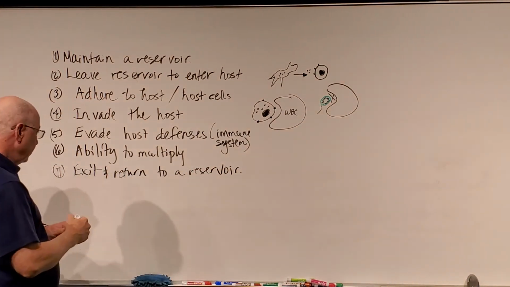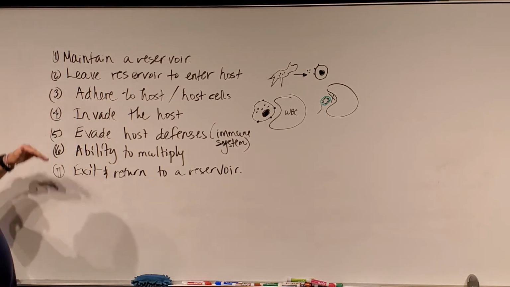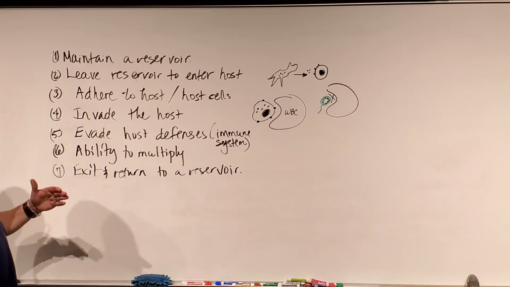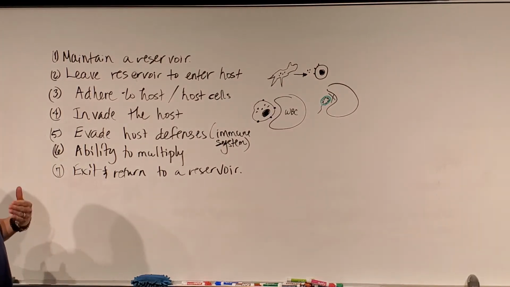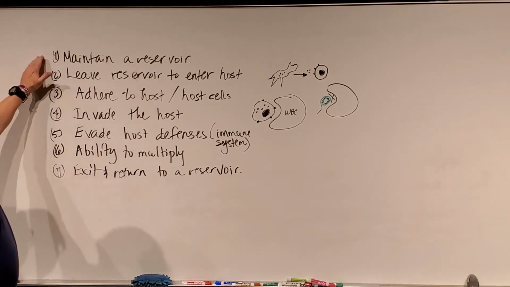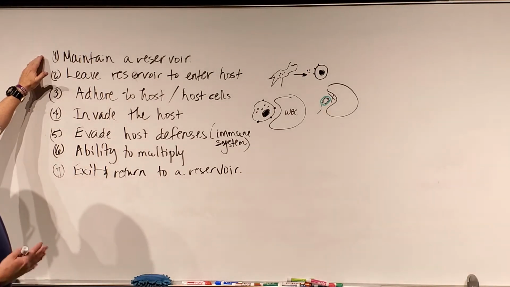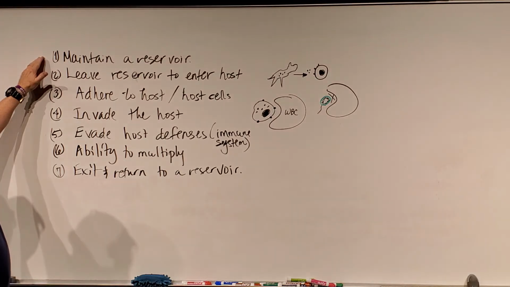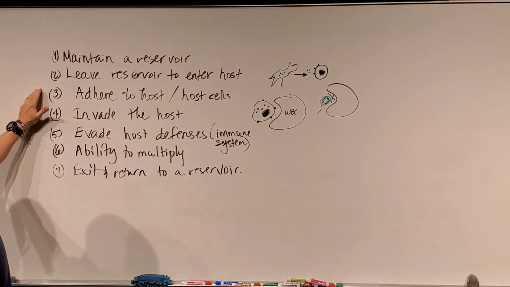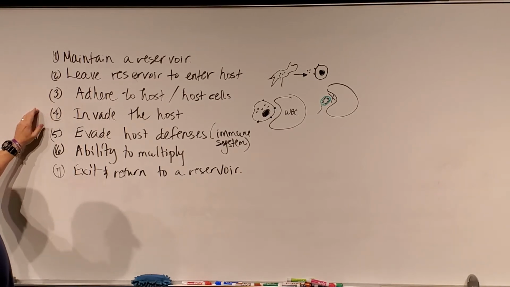So, these are 7 challenges that any pathogen must overcome in order to cause an illness and continue to be pathogenic. They have to maintain a reservoir, somewhere that they stay between infections or can be found and live. They have to leave the reservoir to enter the host. They have to adhere to the host or the host cells. They have to invade the host cells.